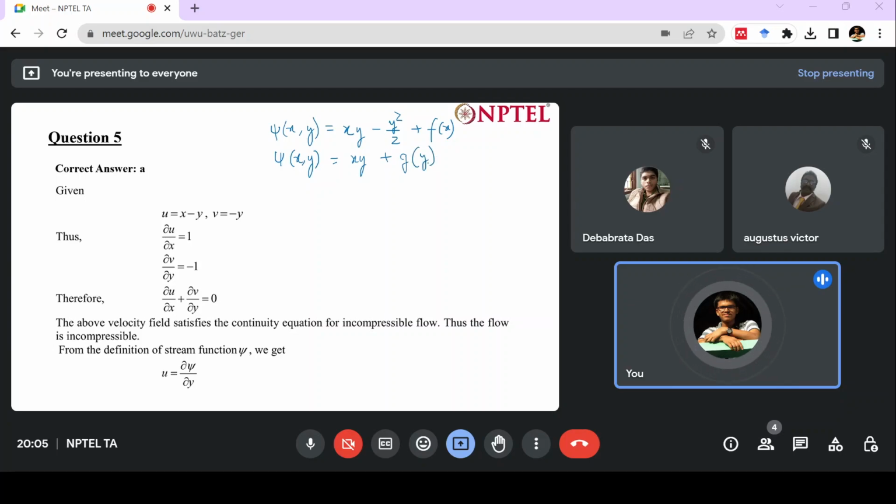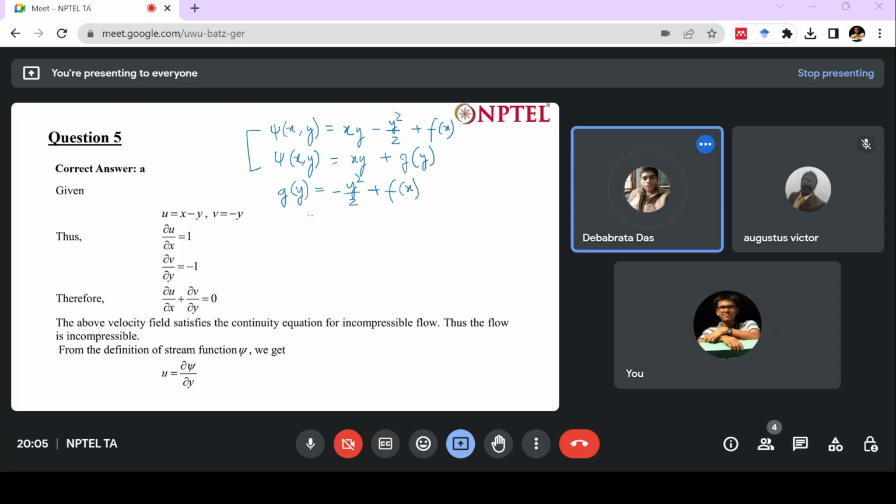Now we have to compare these two equations and try to find out the general expression for psi. Comparing, you can fairly quickly understand that g of y is equal to minus y square by 2 plus f of x. Correct? It is clear till now.